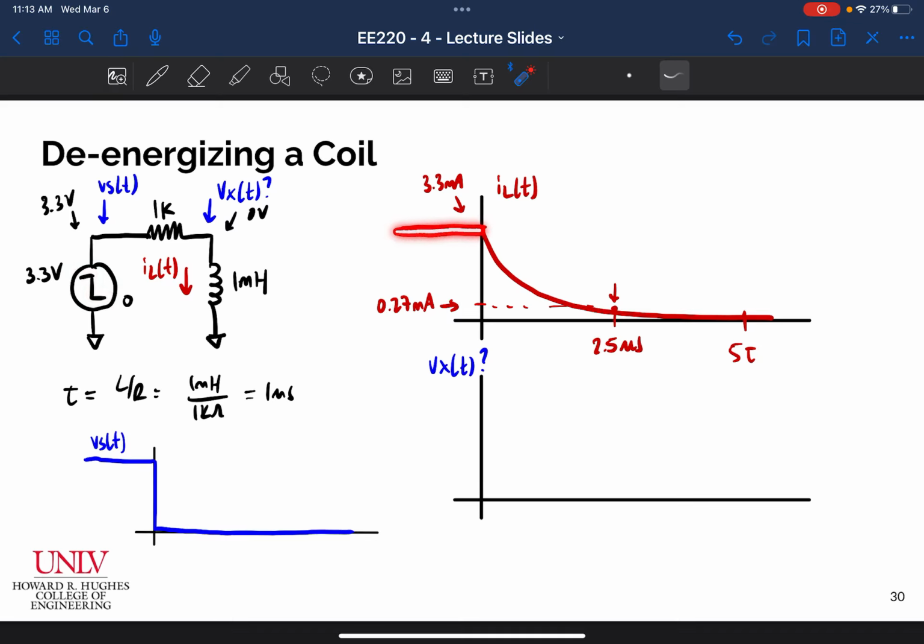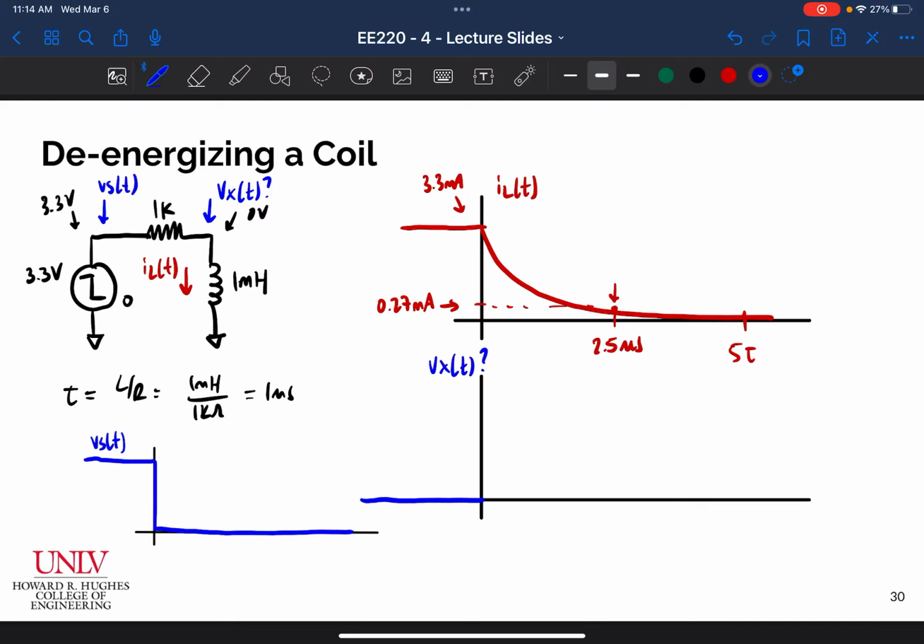It's going to be stuck at 3.3 because this is a short, so I basically have 0 volts on one side of the resistor and 3.3 on the other. As a result, that voltage Vx of t, all this time leading up to the transition on the pulse source, is all going to be 0. So let's write that. It's 0 volts all the way up to this point.